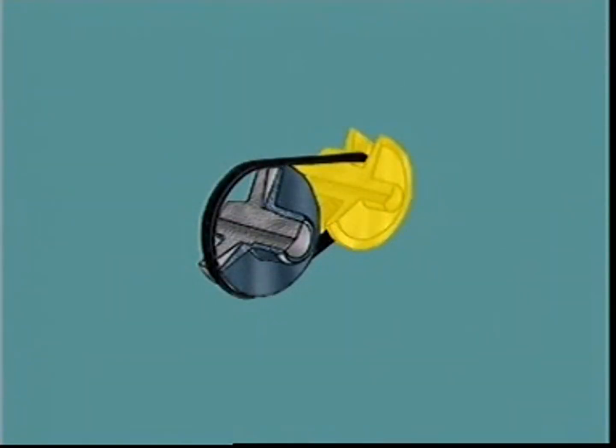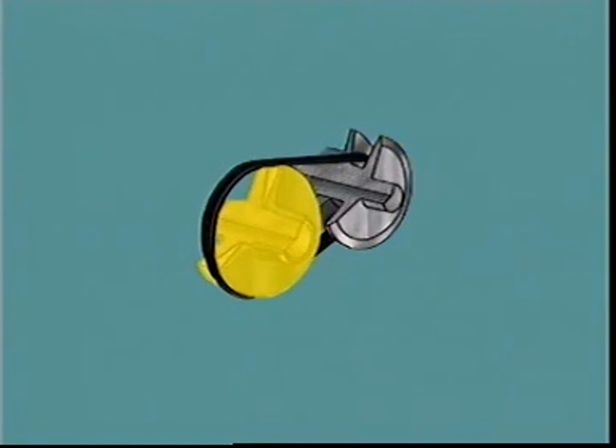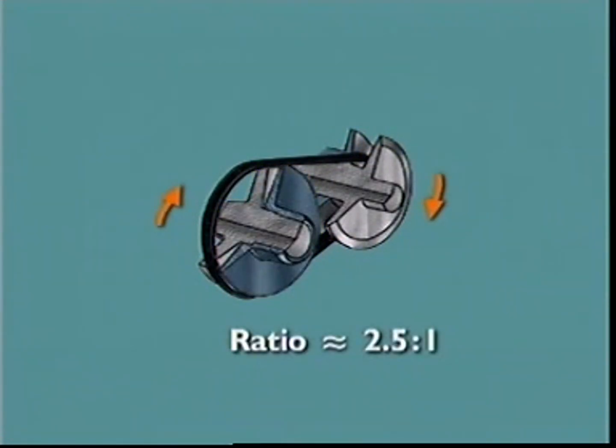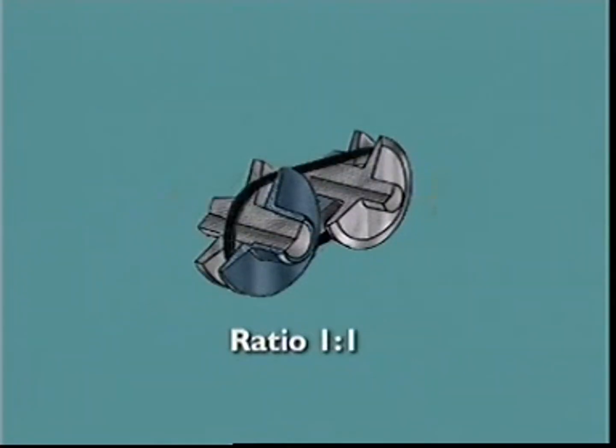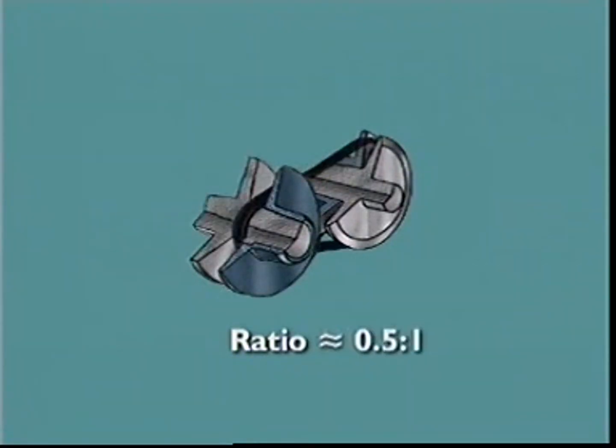When the primary or drive pulley is widest and the secondary or driven pulley is narrowest, it creates a low ratio of approximately 2.5 to 1. When the pulleys are the same size, a 1-to-1 direct drive gear ratio is created. With the drive pulley narrowest and the driven pulley widest, an overdrive ratio of about 0.5 to 1 is created.